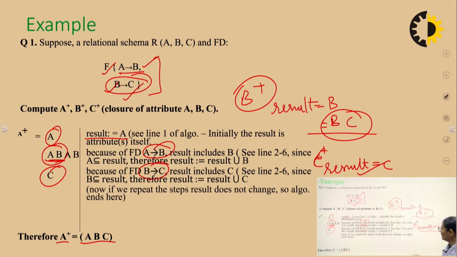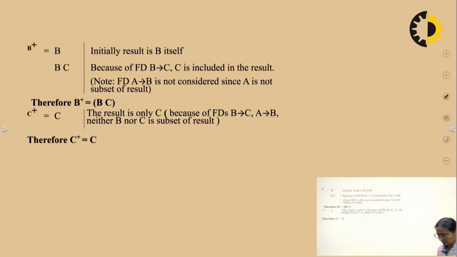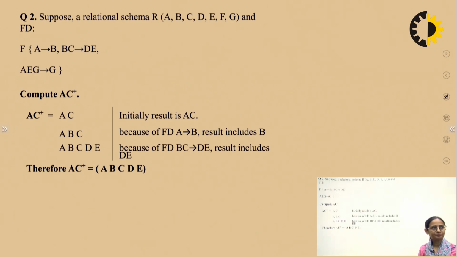So in this case, the closure of attribute C is the attribute C itself. So this is how we find out the closure of the attributes. We have seen in the previous slide, the closure of B, B plus, is BC, and the closure of C is my attribute C.